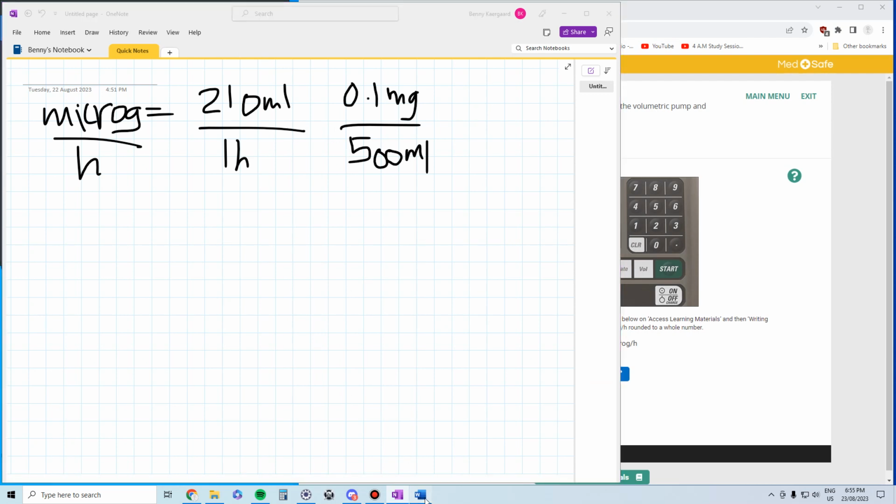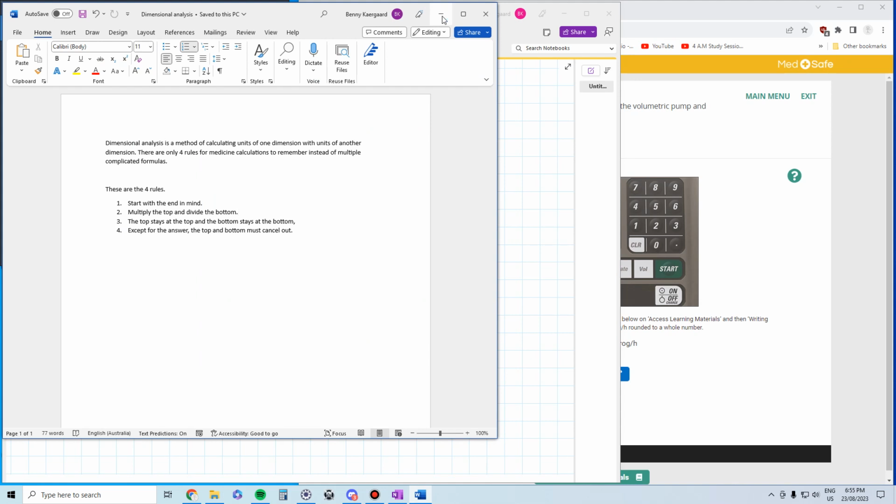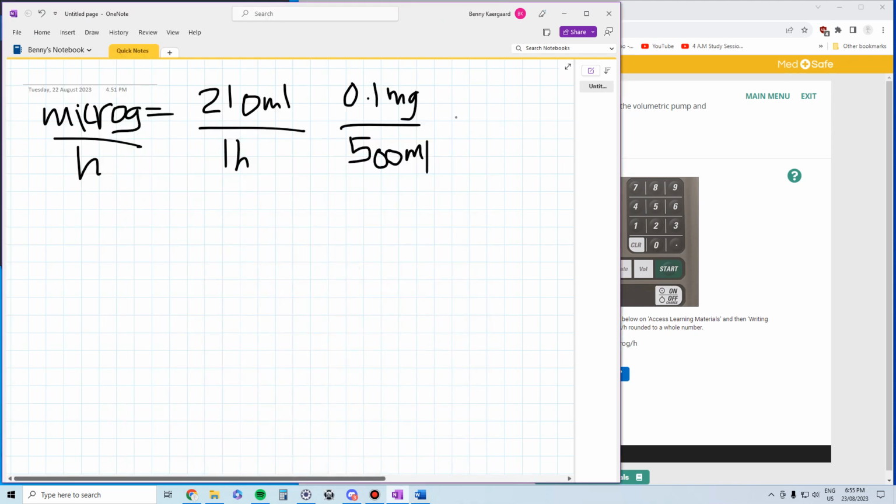So now we'll apply our, oh no, we've got to do our conversions. We want micrograms up the top. Because micrograms is up here, we want it up here.